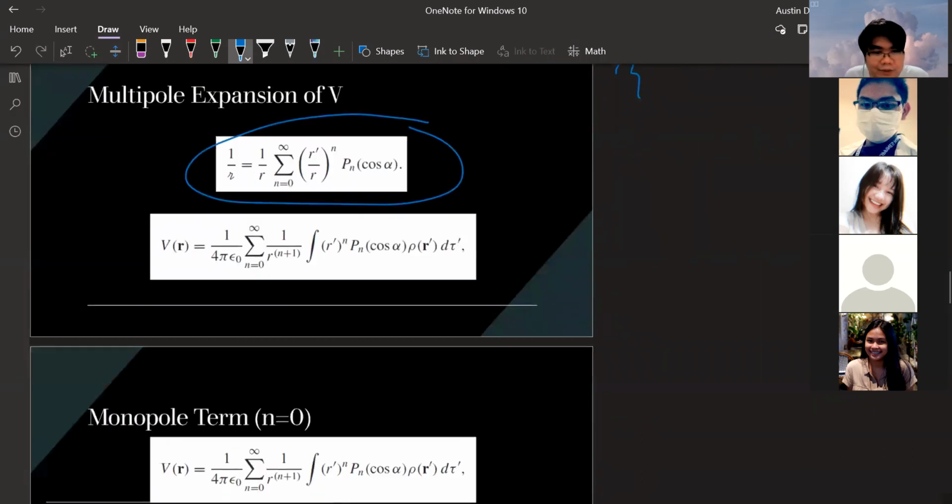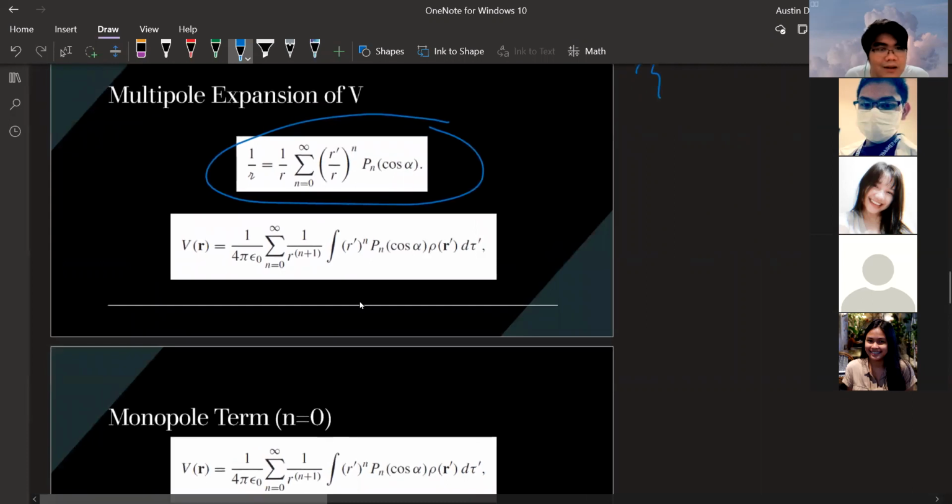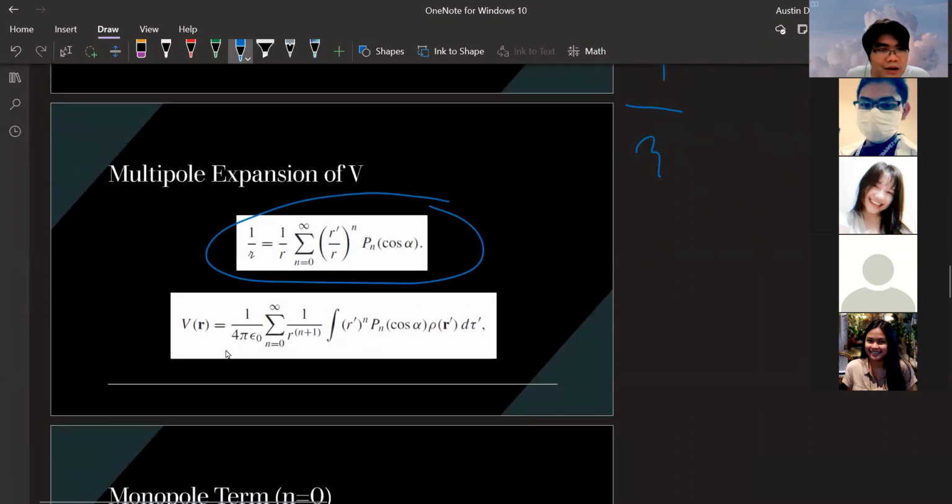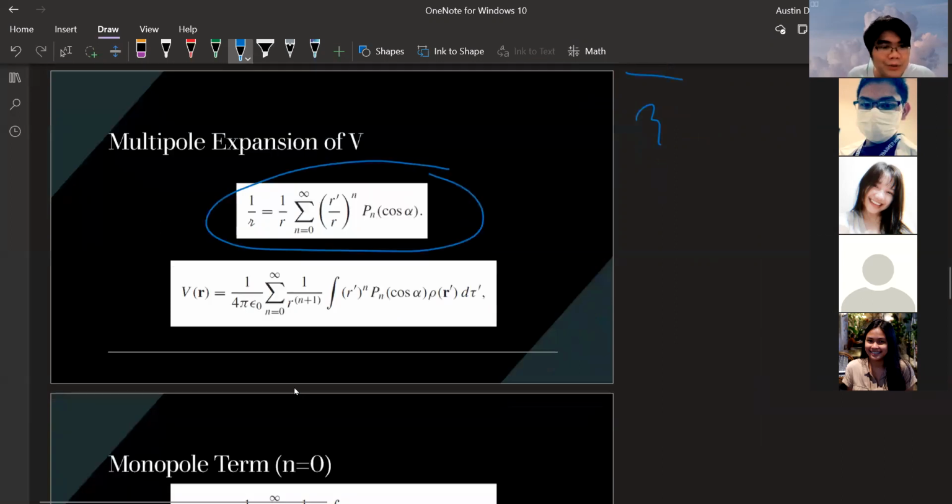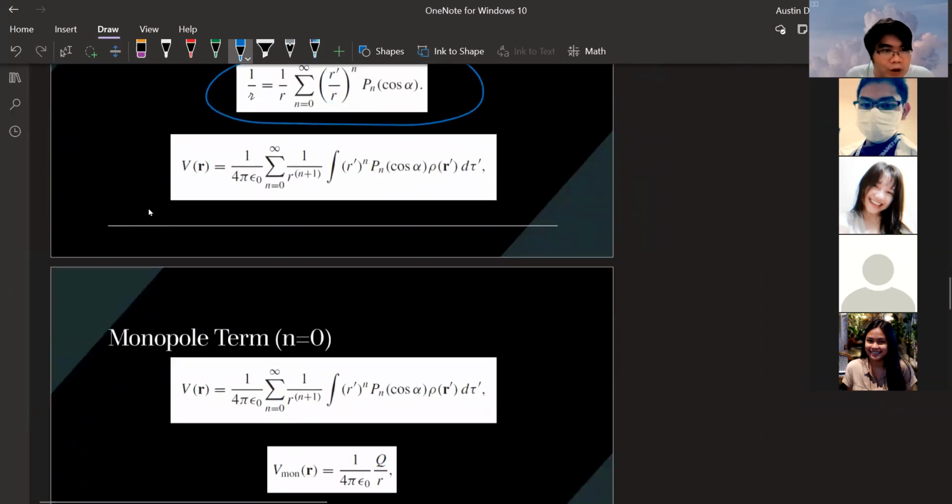The sense of that is that this potential takes into account the pole nature of your charge distribution. So the monopole term, we designate as n equal to 0.